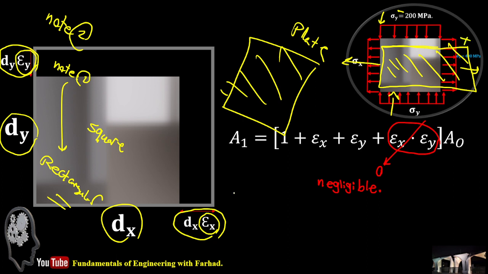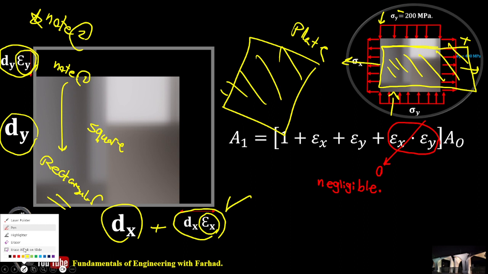So we do not know for sure the new shape, but you can draw it any way you want and just add this part. If it's a push, you subtract it, and if it's a pull, you add it to the original size. That's the important note. I hope I made it clear for you.